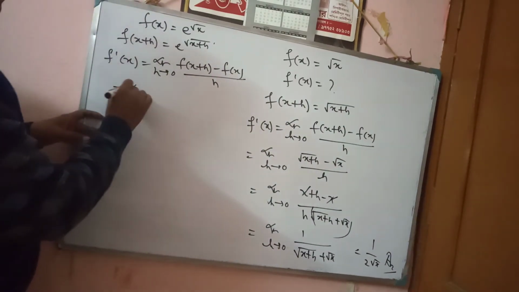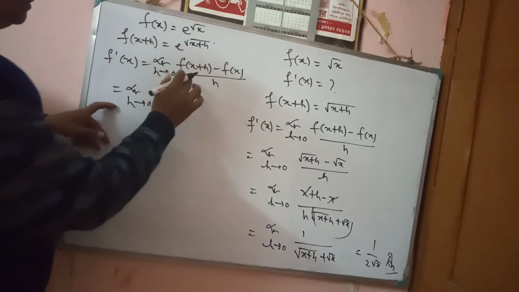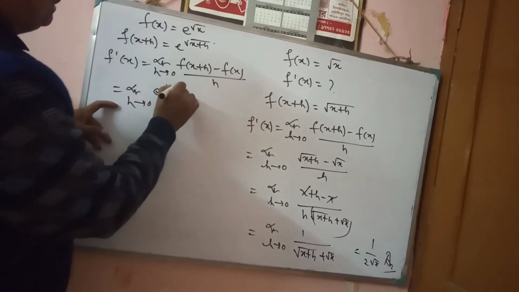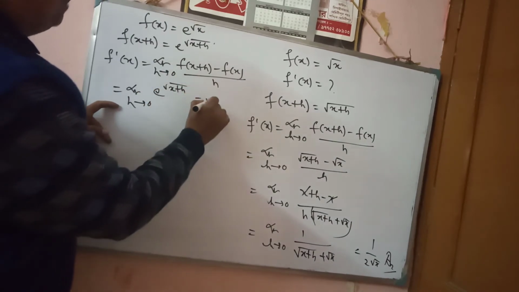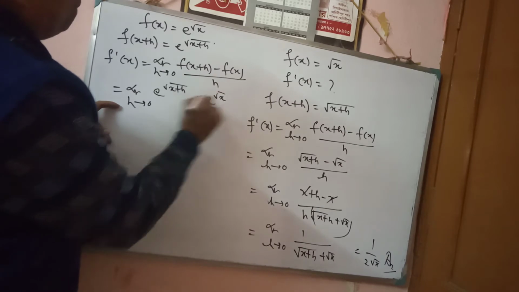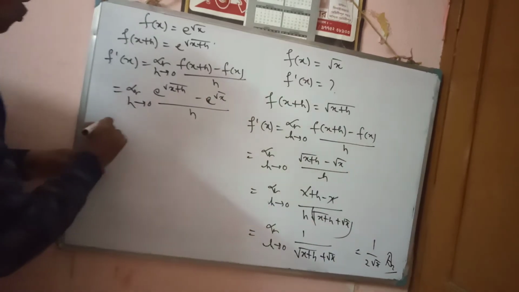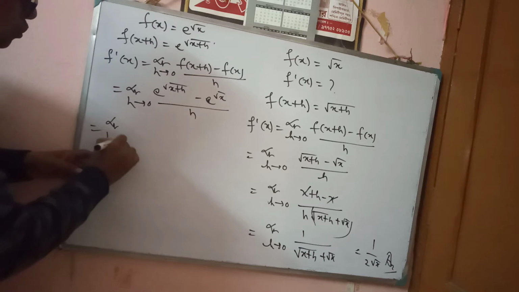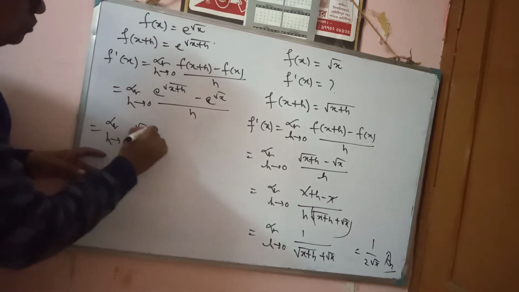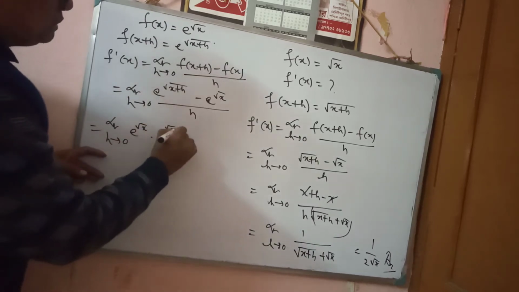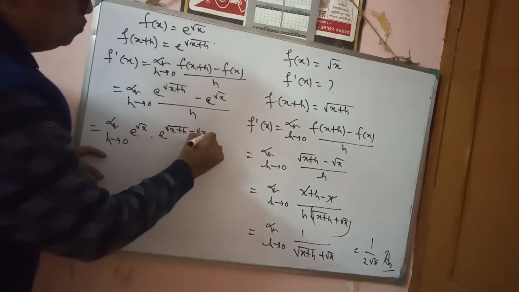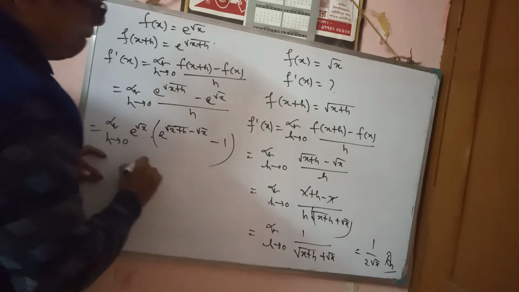So write limit h tends to 0, e to the power root x plus h minus e to the power root x by h. So you can write limit h tends to 0, e to the power root x common, so e to the power root x plus h minus root x, minus 1 by h.